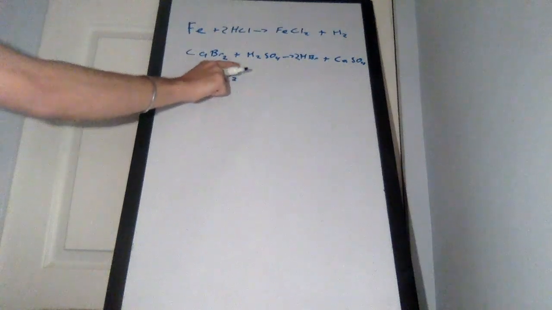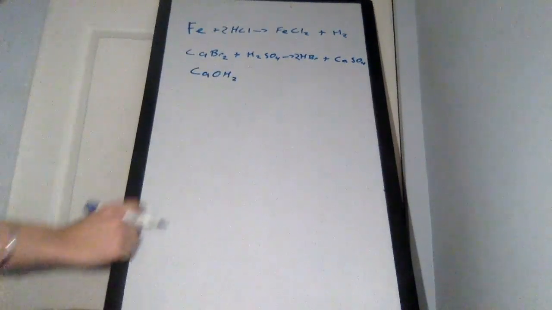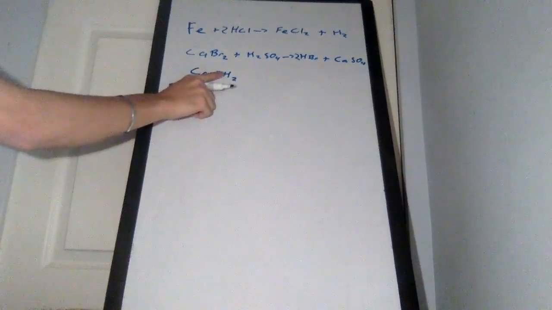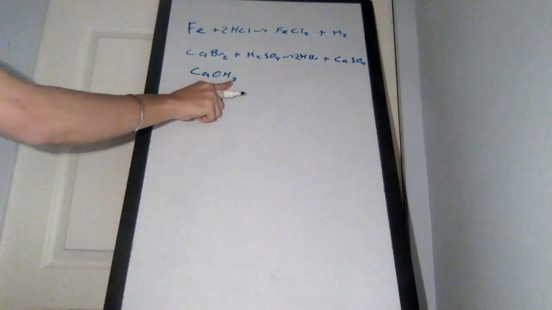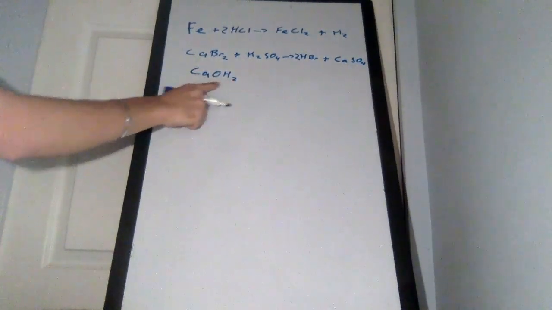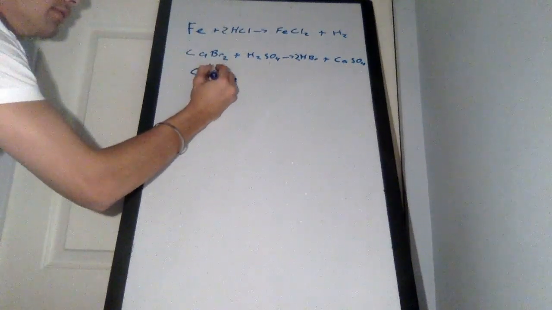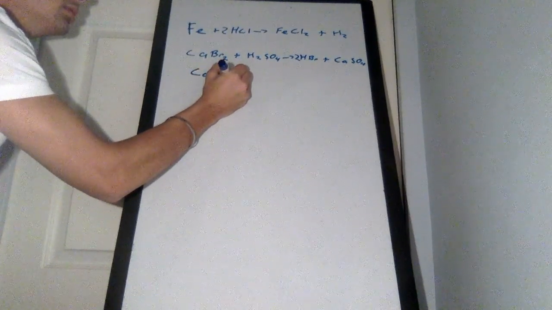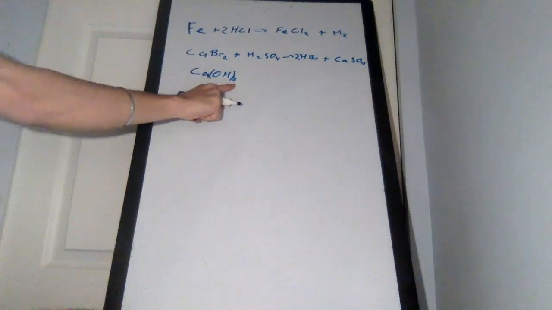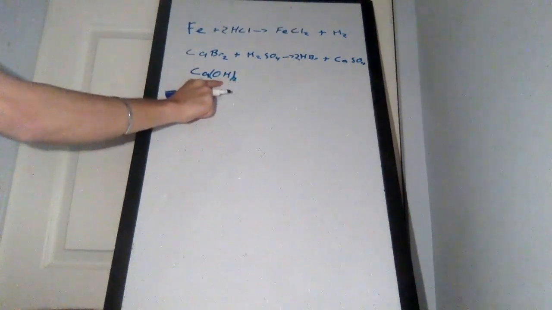So when they cross, this looks like CaO 2 H's, but it's really CaOH2. So you want to put a bracket around the OH. So now you know that this 2 goes into the H and it goes into the O.